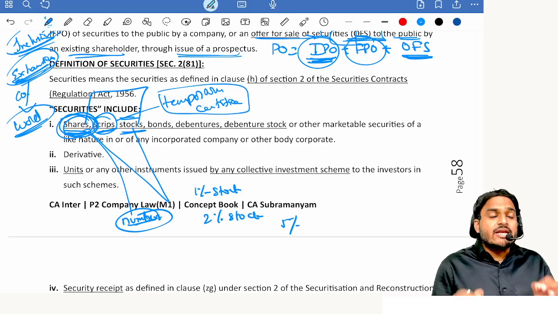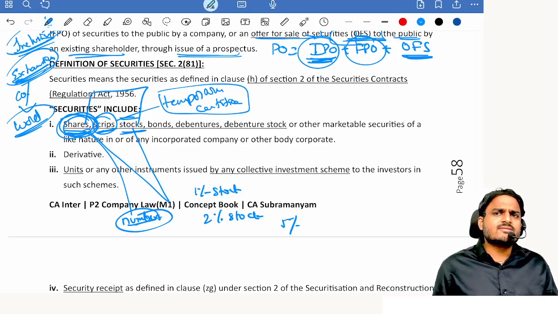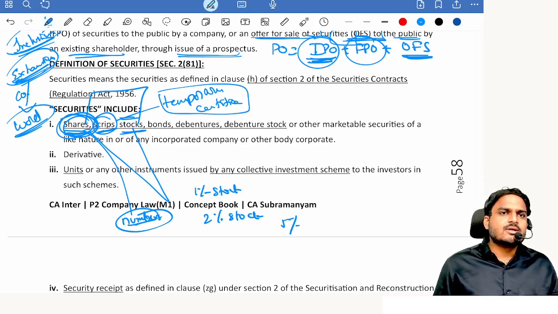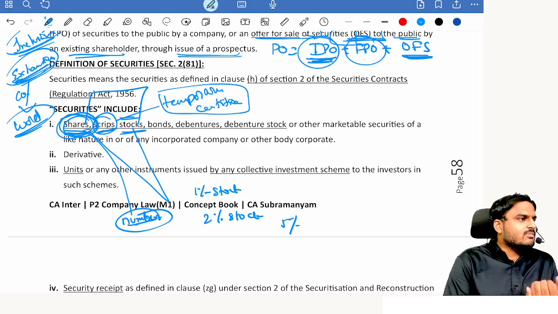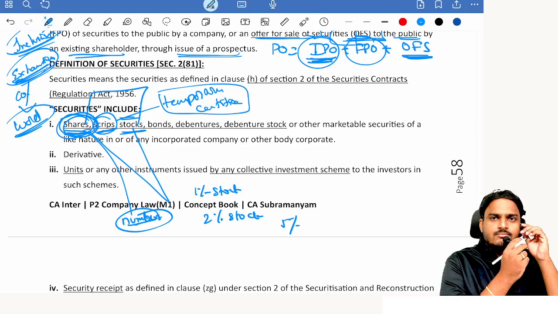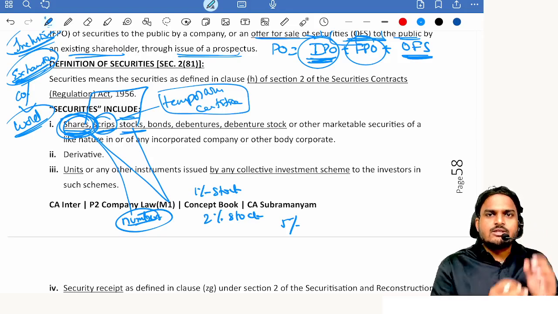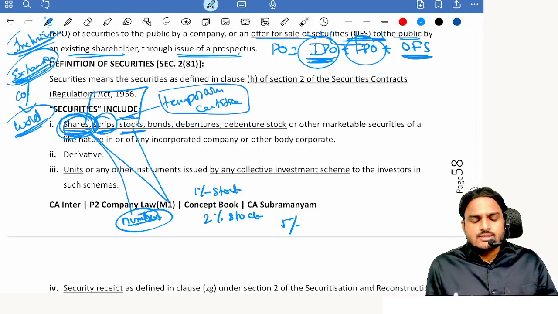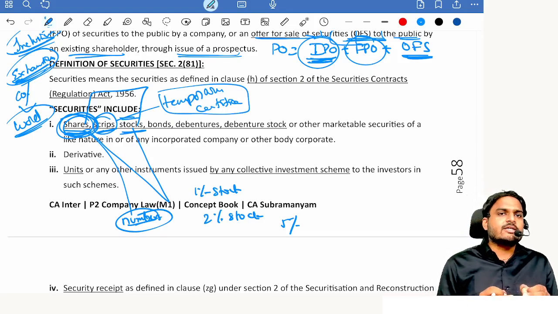Percentage means integers, right? Natural numbers, whole numbers, prime numbers, odd numbers, even numbers. Concept is there, yes or no? Forgot? No problem, I also forgot, but telling you, just numbers. Shares are available in numbers, whereas stock is available in percentage.